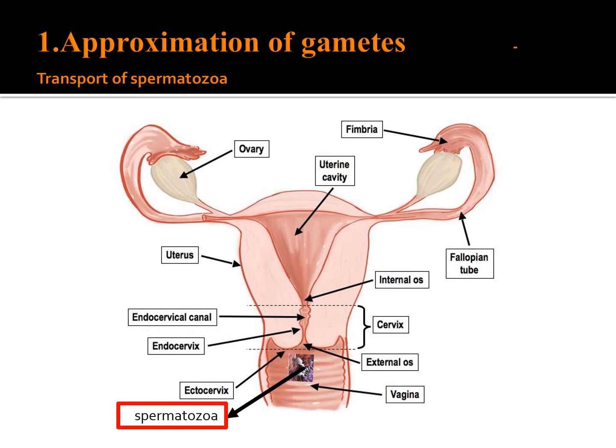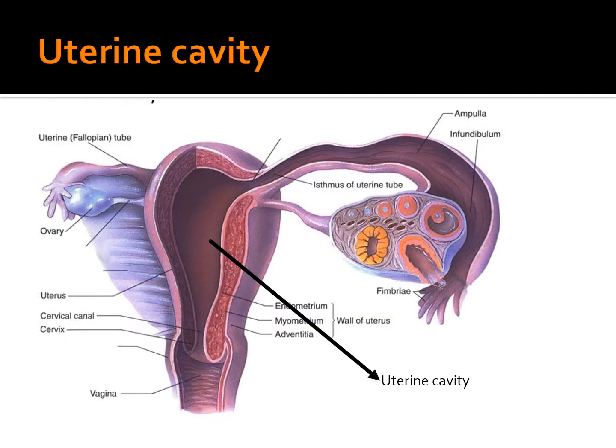Meanwhile, oxytocin is released from the neurohypophysis for uterine contraction. Third, a vacuum is created in the uterine cavity for the aspiration of sperm. So these are the three major things that occur for the approximation of gametes.